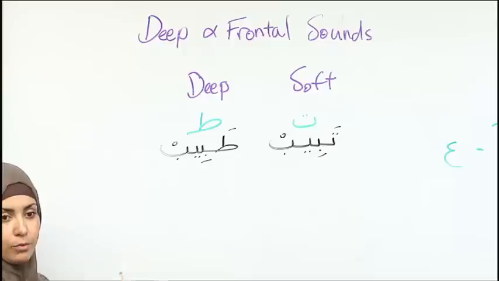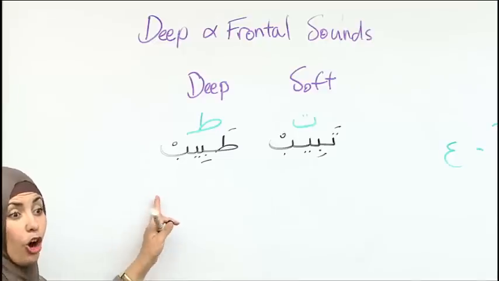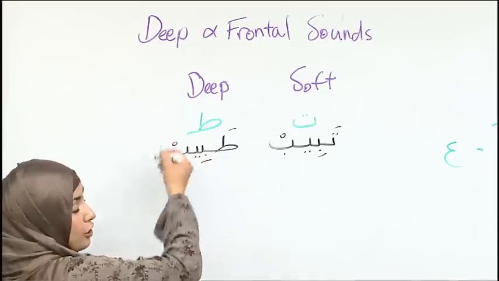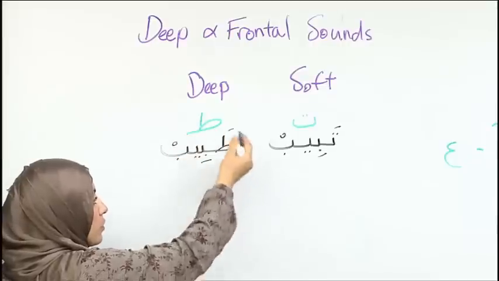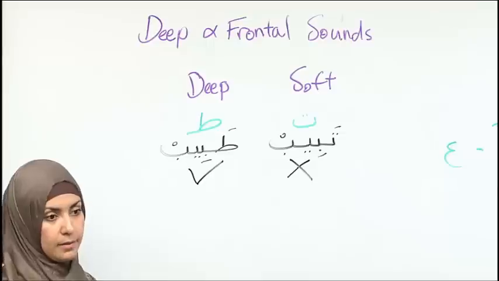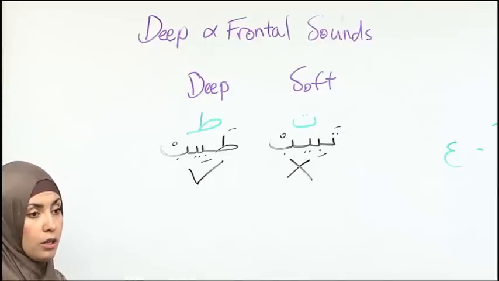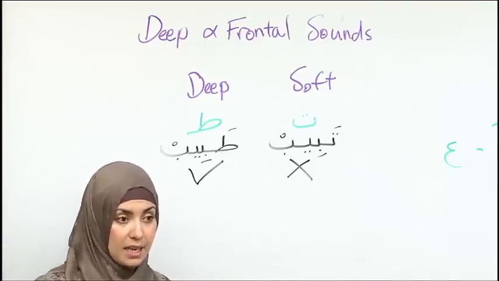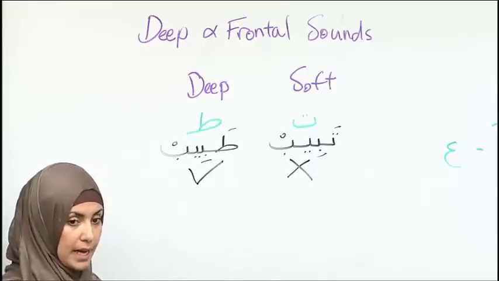Which one do you think is more right? Tabib or tabib? Tabib. So when you learn the vocab, you've got to be careful with this. This is the right one. This is the wrong one. This word does not exist. But tabib and tabib.